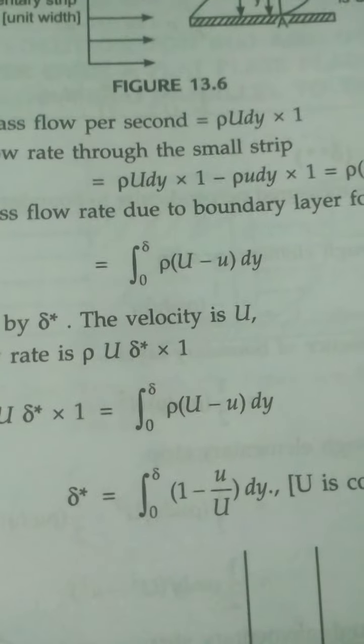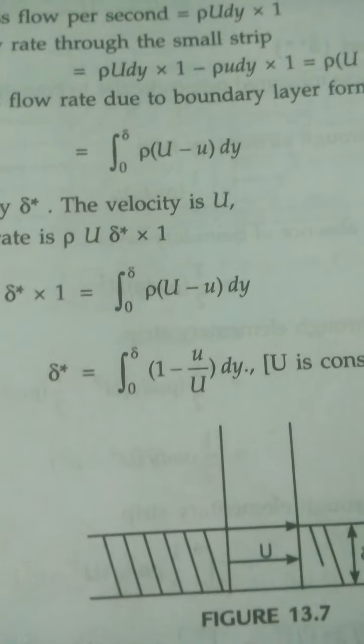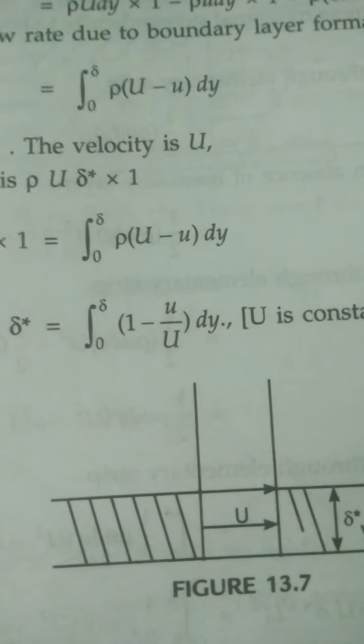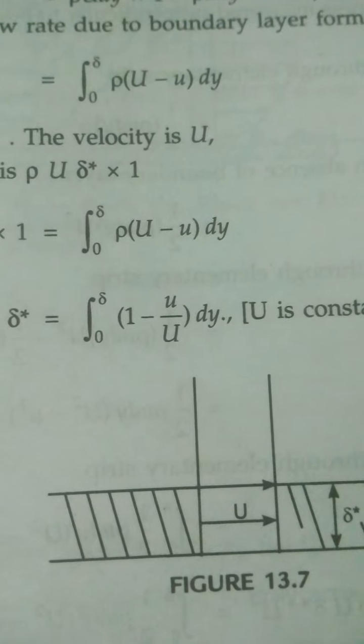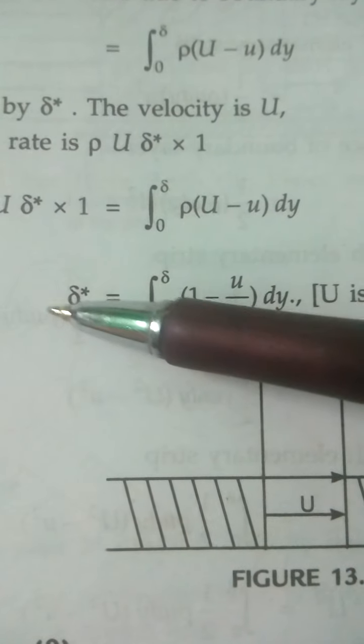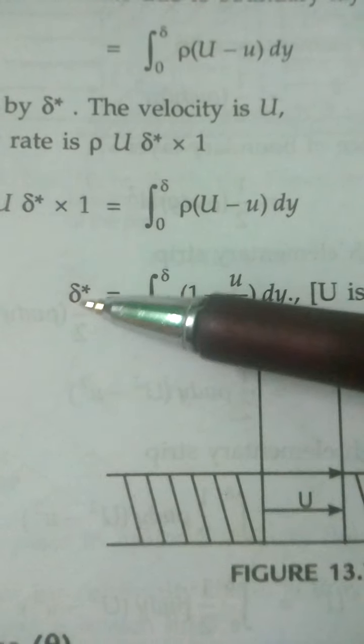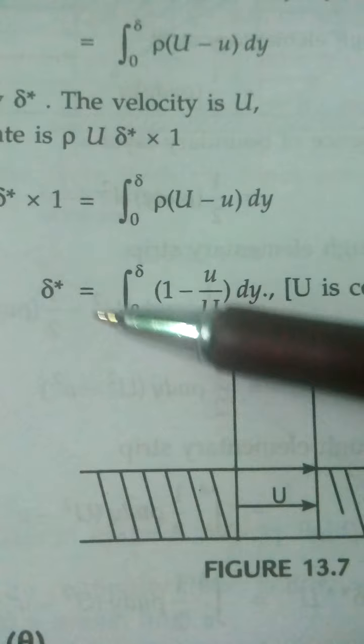This delta is a variable here. In this case 0 to delta means the range from 0 to delta. So delta star in particular is now a thickness, the displacement thickness, which has this expression.